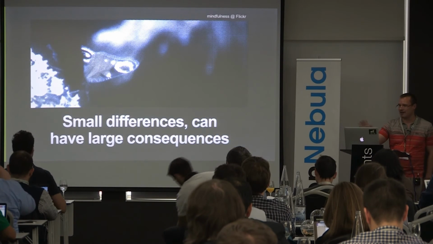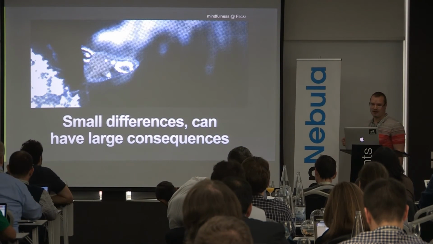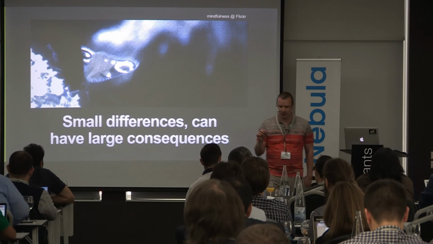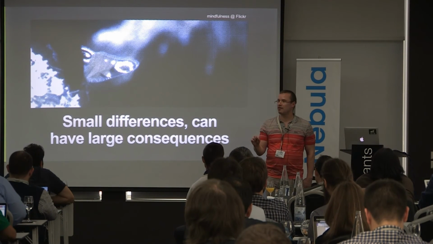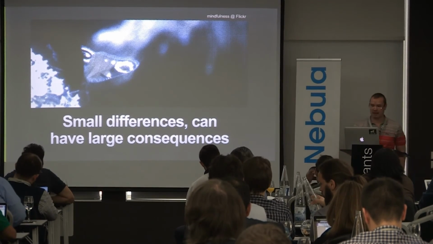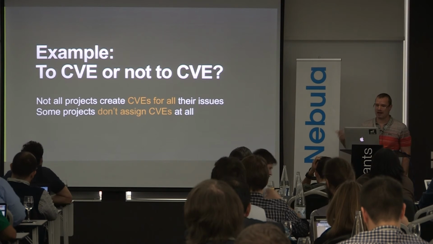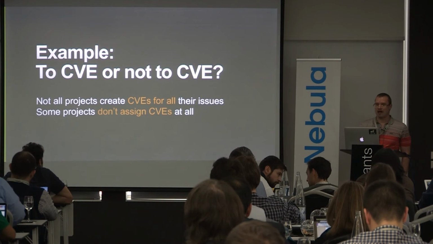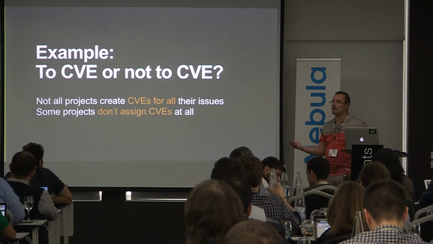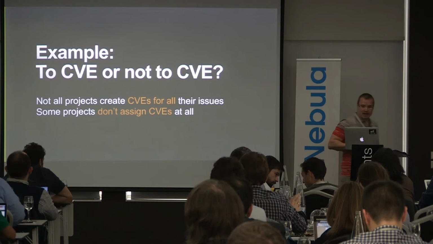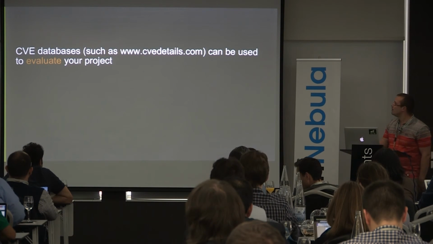Last few slides, and then I'm going to questions. I think what's really important is that small differences in those processes can have big consequences. I'm just picking out two. One, for example, is should you assign a CVE number or not? Not all projects create CVE numbers for all of their vulnerabilities. Some don't at all. I wanted to show you what the impact is.